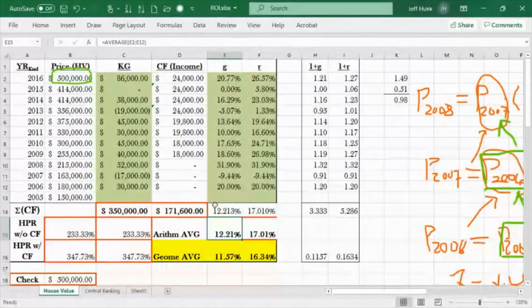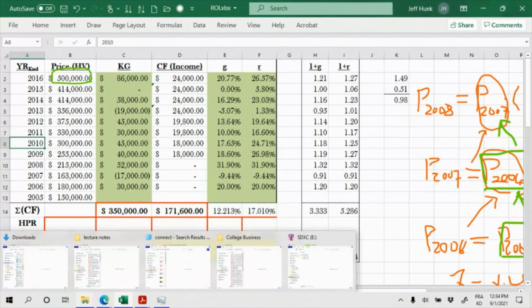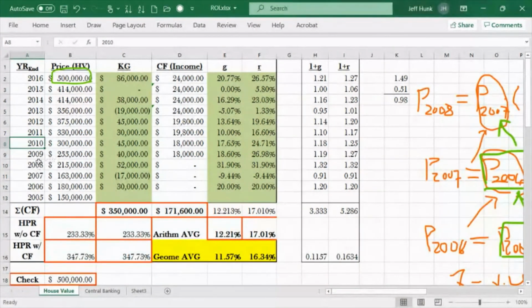Because one particular year's growth rate is benefiting from the previous growth. They are correlated, right? It's not independent. 2010's growth rate is correlated with all the previous years' growth rates. 2016's growth rate is correlated with all the previous years' growth rates.